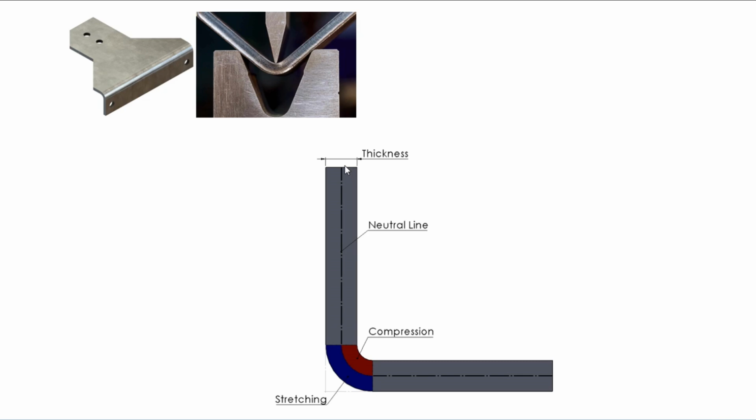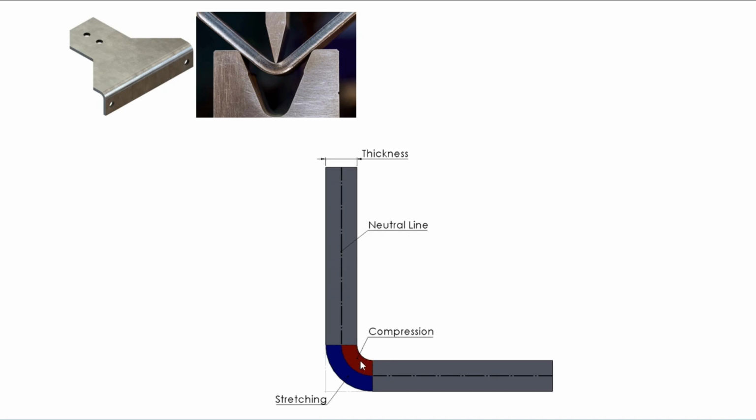So the center line of the sheet you can see, this is the imaginary line. We generally call it the neutral line. This one is very important while developing the flat pattern. It is an imaginary line, but we need to consider this neutral line.